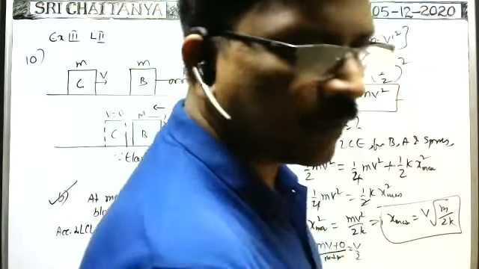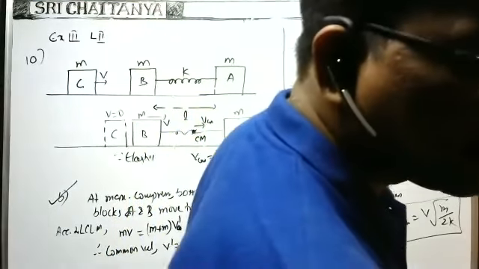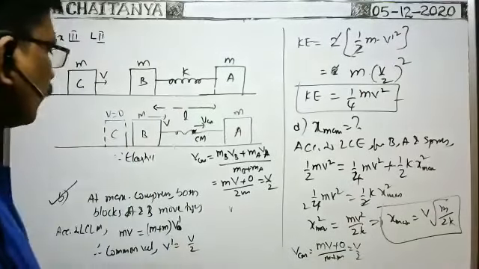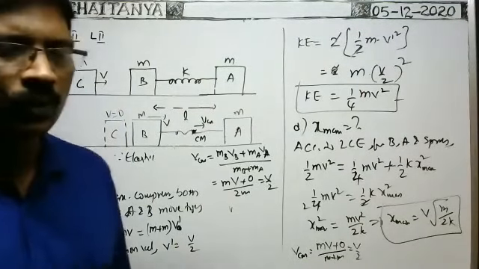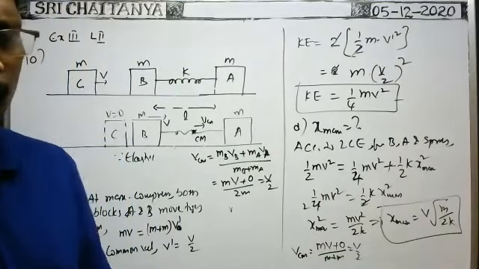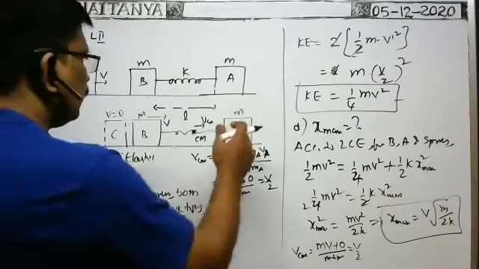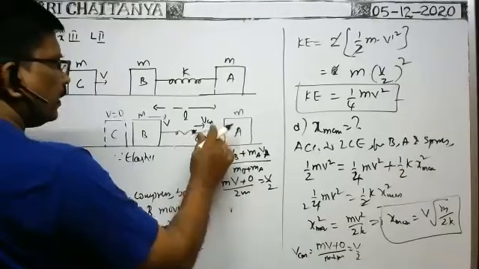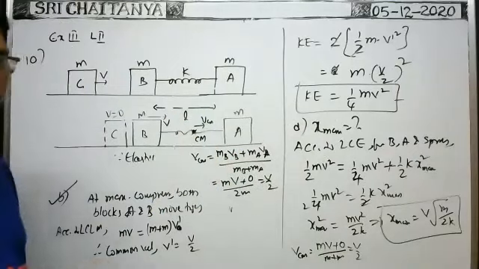Anybody else? 2 pi root. Is it simply m by k? Is only one block there? These two blocks are joined by means of a spring, and they make oscillations like this. What is the time period of each block?